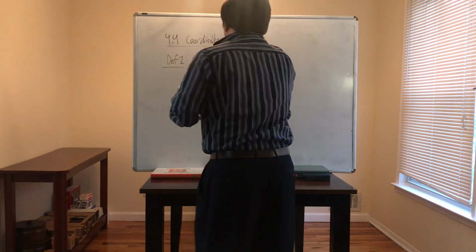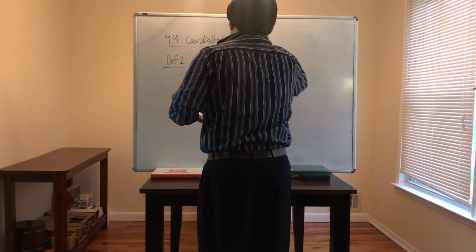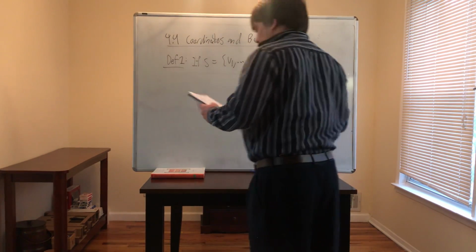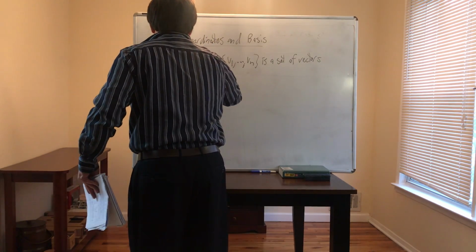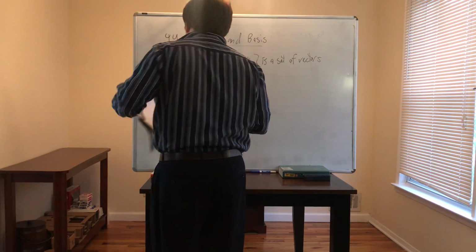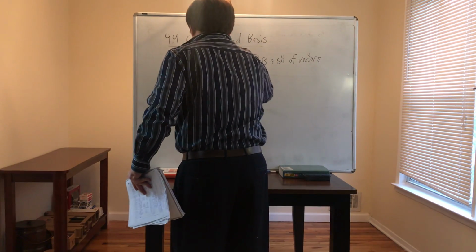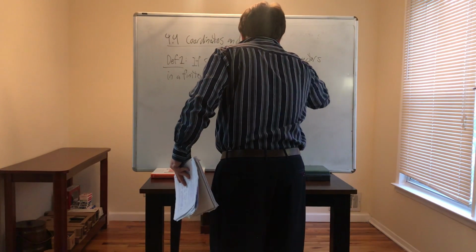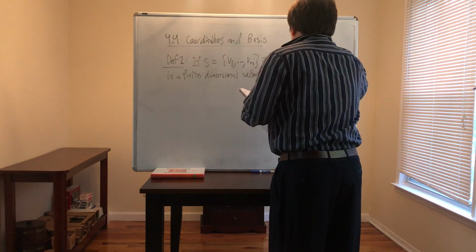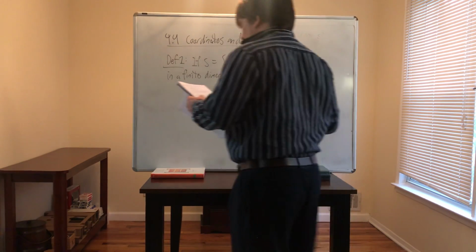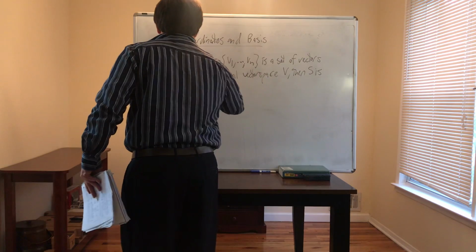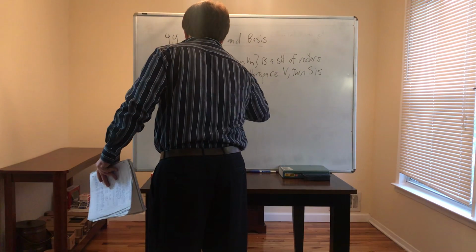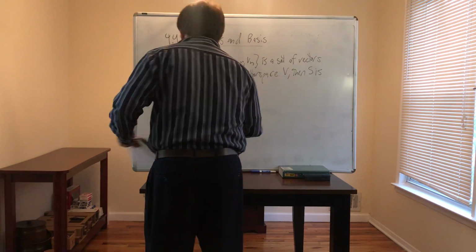If S is equal to the set V1 to Vn, a set of vectors in a finite dimensional vector space capital V, then capital S is called a basis for capital V if the following two hold: A, capital S spans V, and B, capital S is linearly independent.